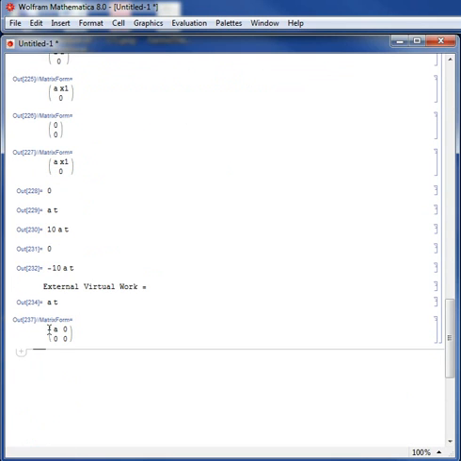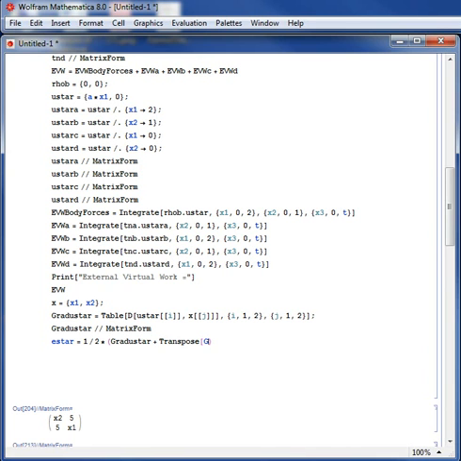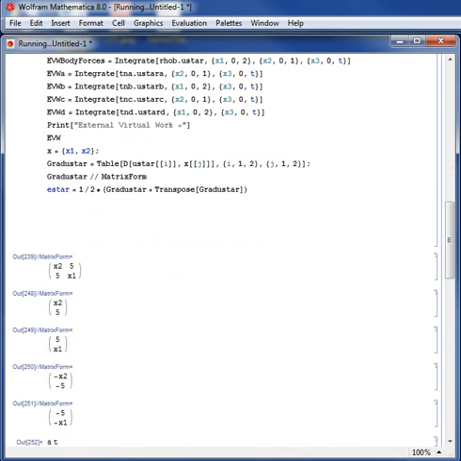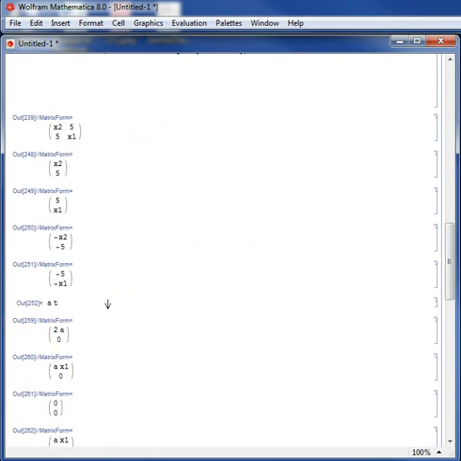As you saw in the lecture, it's indeed A000. And epsilon star, the strain, is equal to half multiplied by the matrix gradient of u star plus the transpose of the gradient of u star. Shift enter, and indeed epsilon star, the strain, is the same.